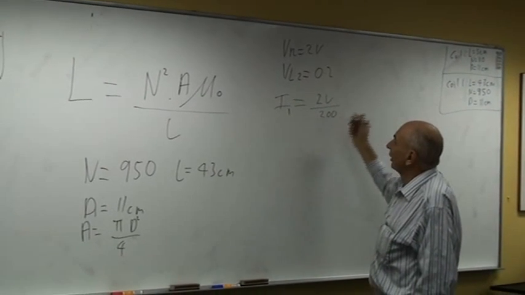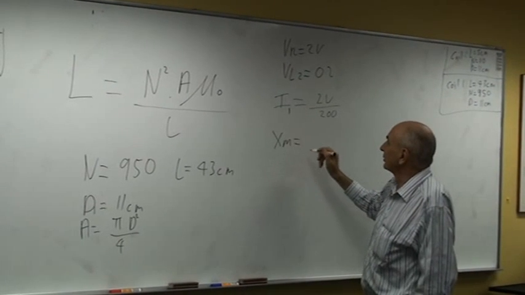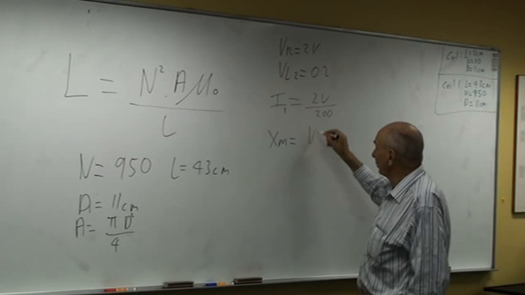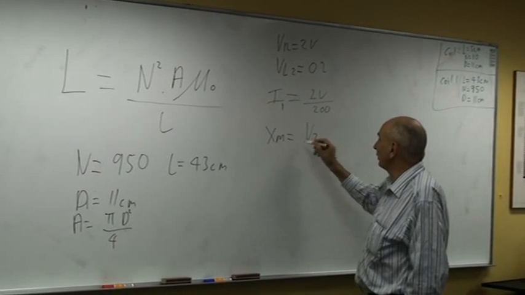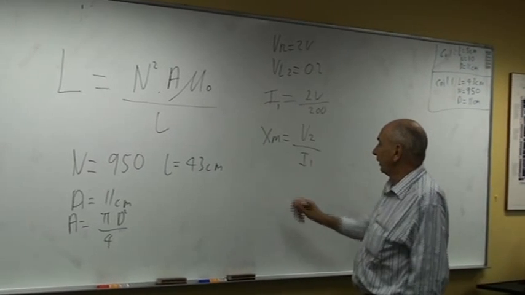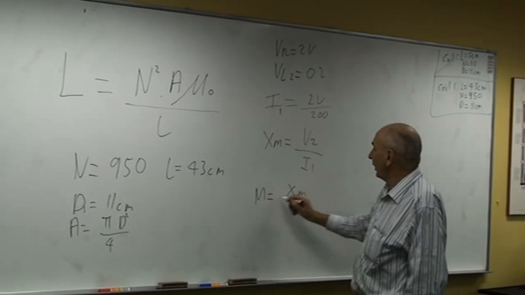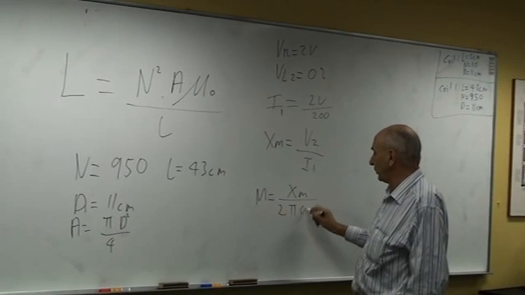This is before. And then you say that XM, this time the mutual reactance, is equal to V2, that's the voltage across the secondary coil, 0.2, divided by I1. And finally M equals XM, again divided by 2 pi times 1,000.